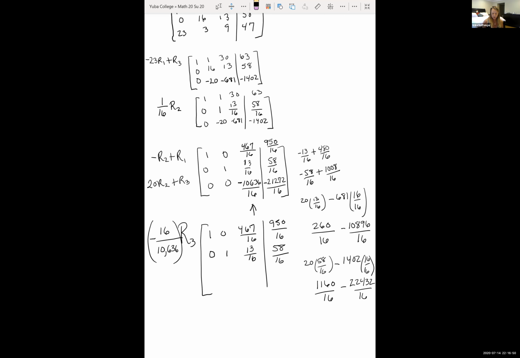So multiplying through by the reciprocal of this third row, third column, I get 0, 0, 1. And the reason I was cheering is that 10,636 actually goes evenly into this 21,272. It goes in exactly 2 times. Notice our 16s cancel. Negative and a negative is a positive, and so we just get back 2 here.